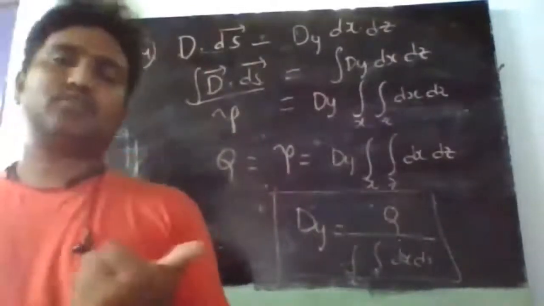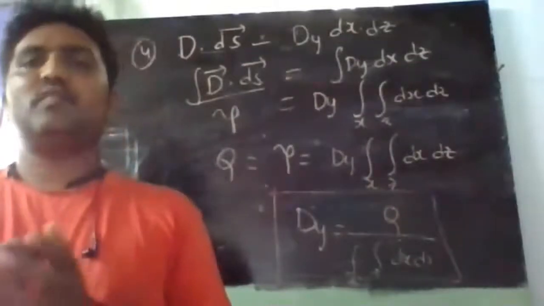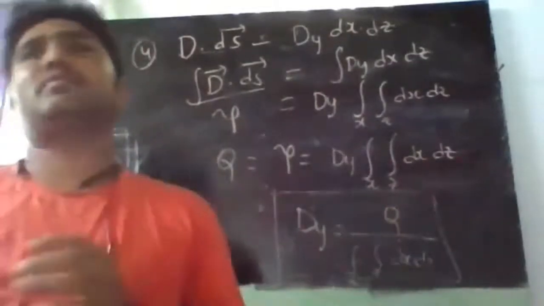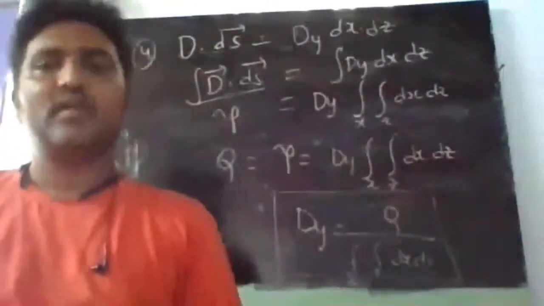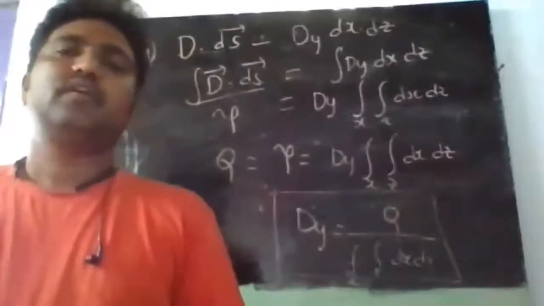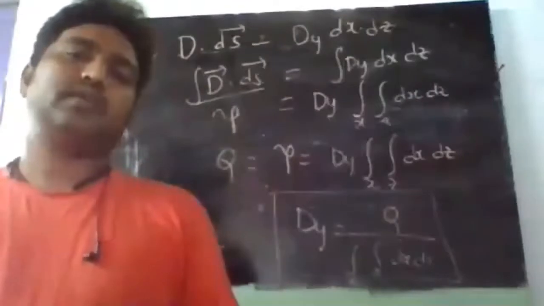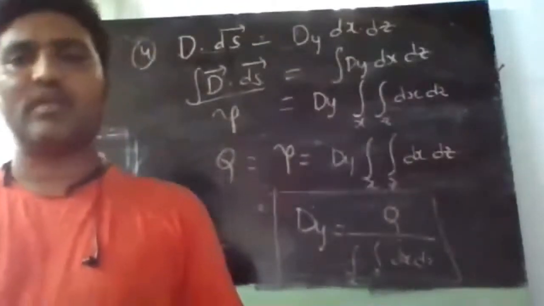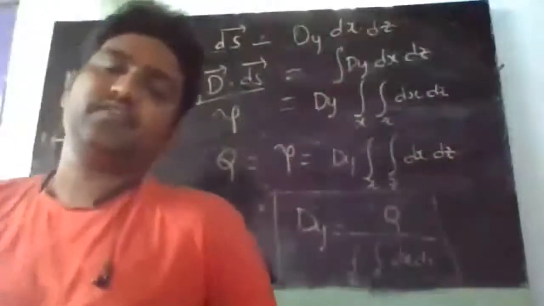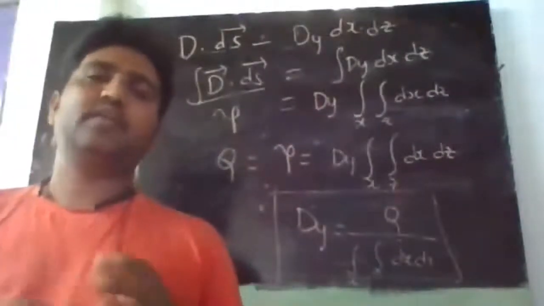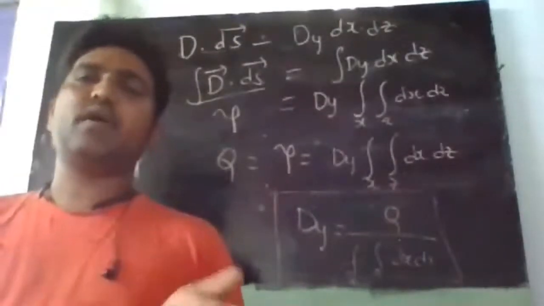After choosing the Gaussian surface, now choose a coordinate system that is similar to that of this Gaussian surface. Once I choose a coordinate system, the next step is to write the D bar vector.